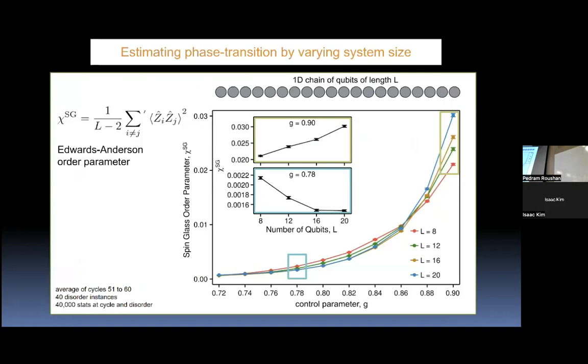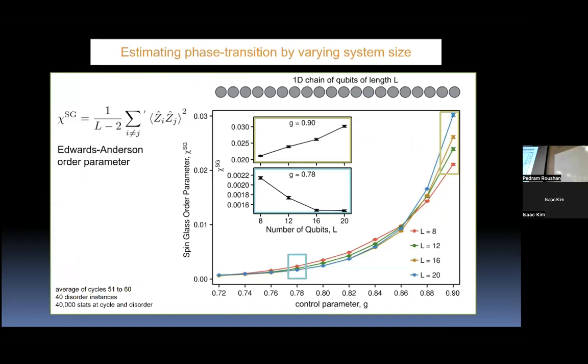The finite size scaling I promised I would show you is done not by making the chain longer, but by making the chain shorter. You can do that too. So you have 20 qubits, you start cutting off qubits from the ends, and you look at a control parameter, which in our case is the G values.